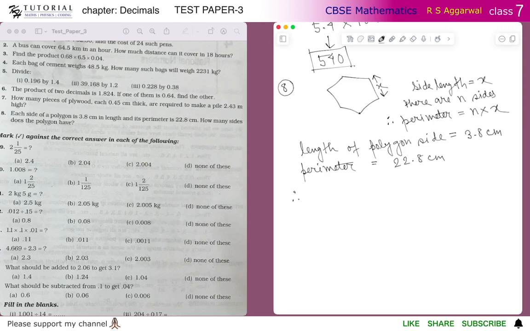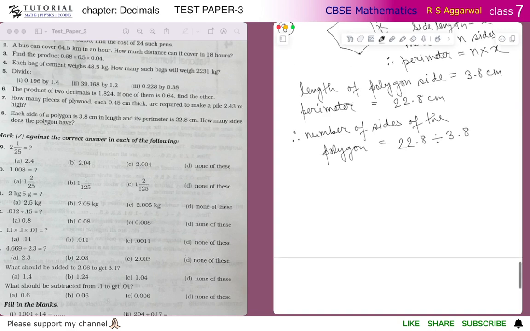Therefore, the number of sides of the polygon will be perimeter divided by the length of each side. So it becomes 22.8 divided by 3.8. This many number of sides.